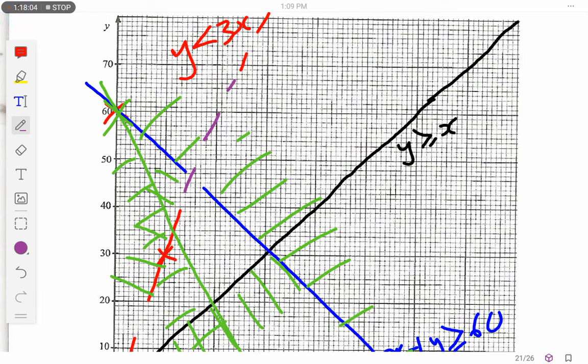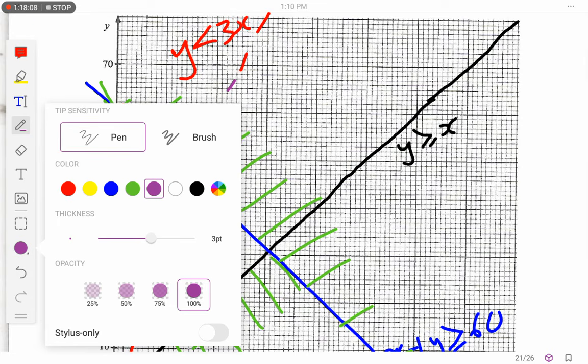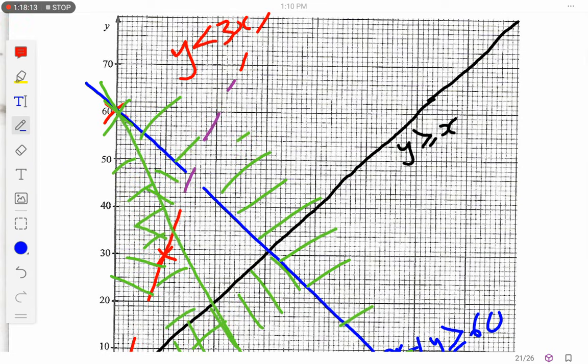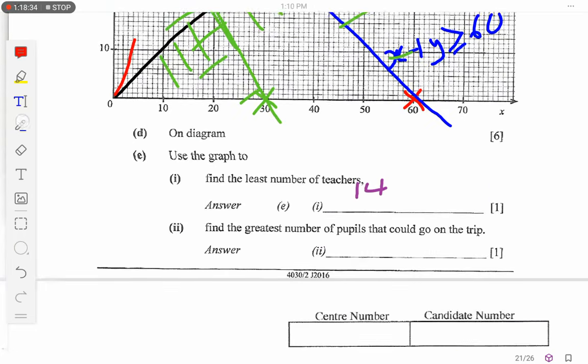For our y values, for our students, we're going to take a value which is greater, somewhere at the top here, because we want a higher value. So we can take like 40, 44, somewhere there. So we can say 44.